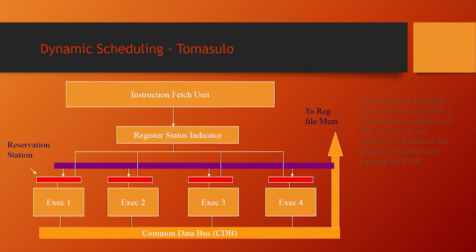When something is written on the common data bus, they also write the execution unit number. So when I am looking at the violet line and find execution unit 5 coming, I can immediately start taking that data and handling it.